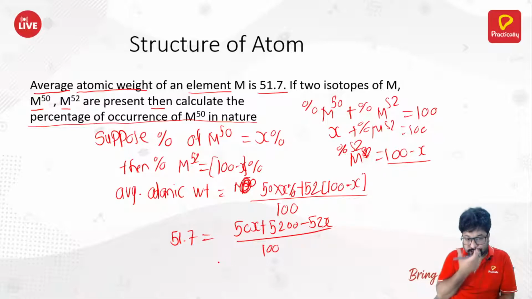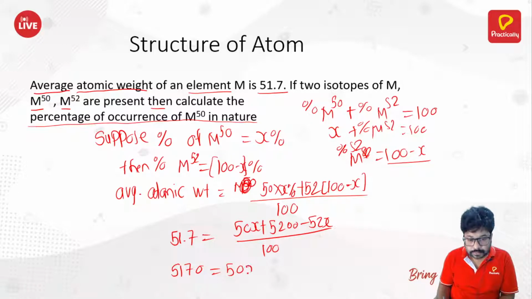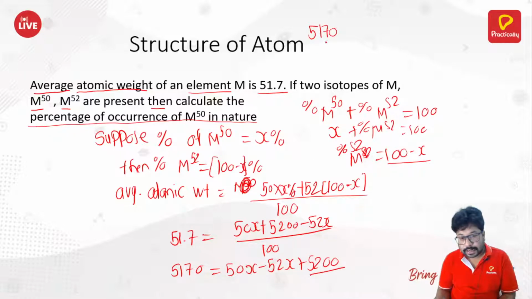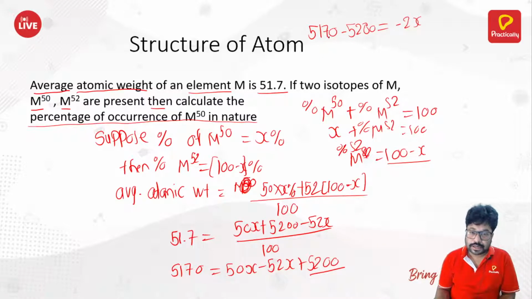Sending 100 to that side, what would you get? 5170 is equal to 50x minus 52x plus 5200. Sending 5200 that side, 50x minus 52x is equal to minus 2x, and 5170 minus 5200 is equal to minus 30.